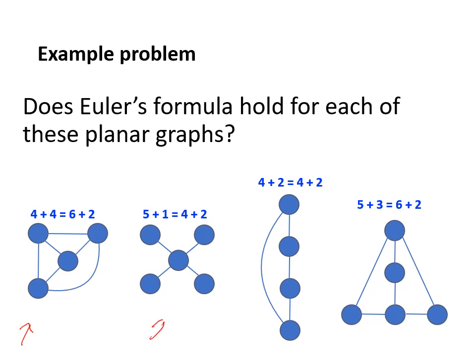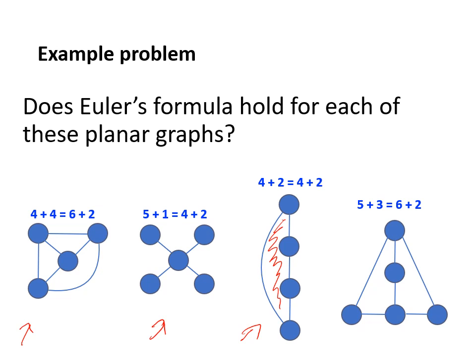Then this graph is interesting because it has only one face, one unbounded face. And again, the formula holds. This graph has 2 faces. This is one, and the other one is the unbounded one outside of the graph.